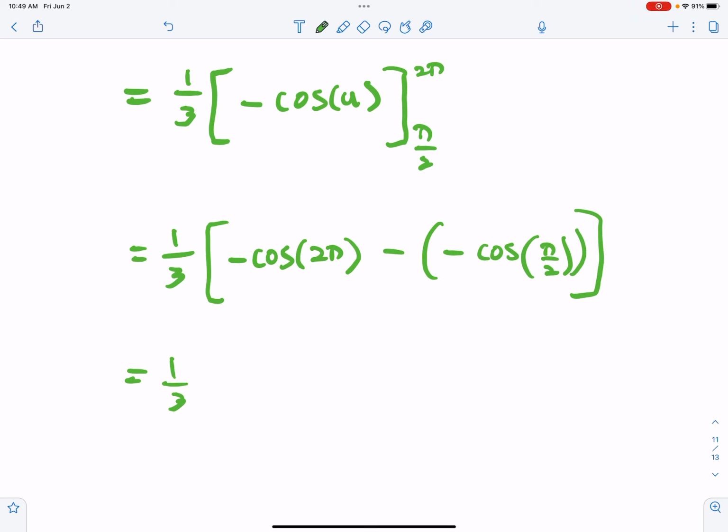Okay, cosine of 2 pi would be 1, so that would end up being -1. Cosine of pi over 2 is 0. So -1/3.